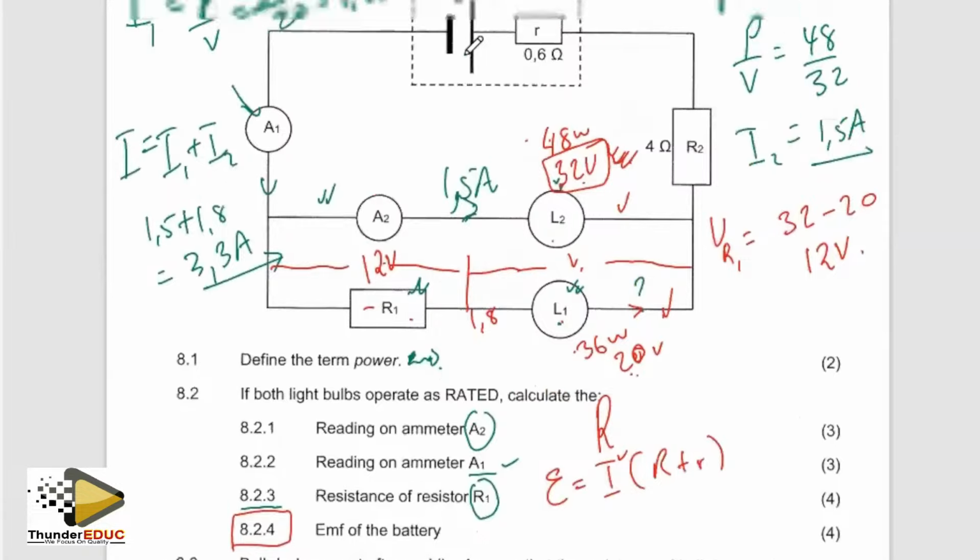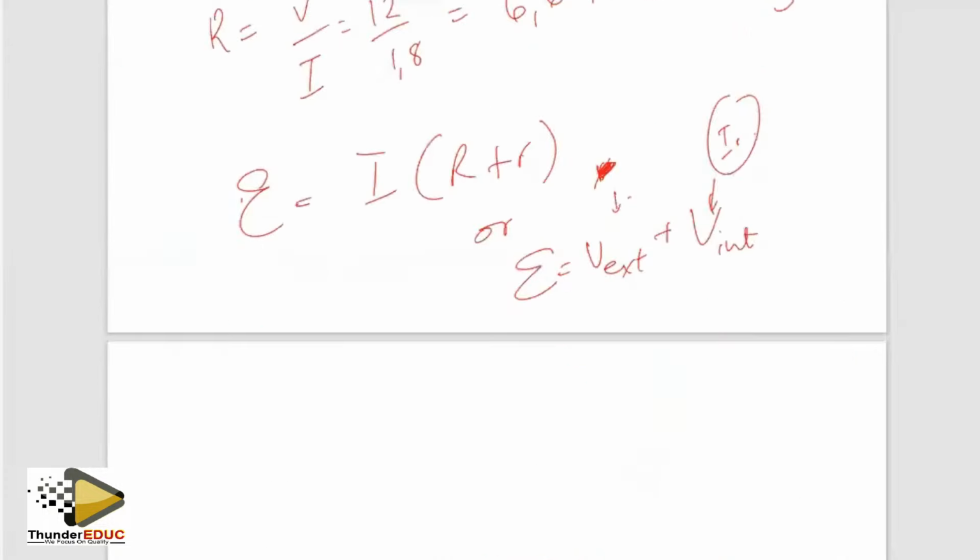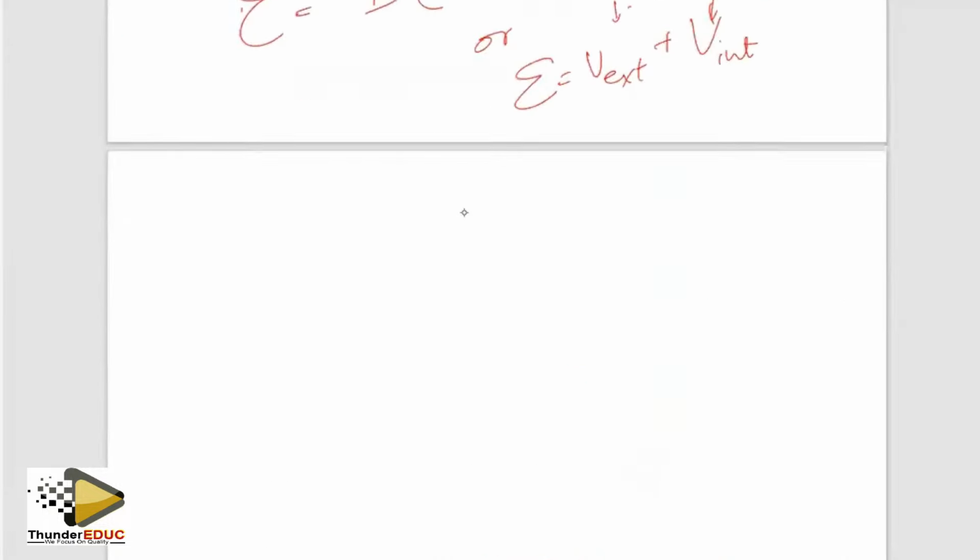If I get the voltage across the 4 ohm resistor and then add it to the 32, is it going to give me the same answer? Let's see. The voltage across the 4 ohm resistor: we know that the current is going to be 3.3, and the resistance is 4.